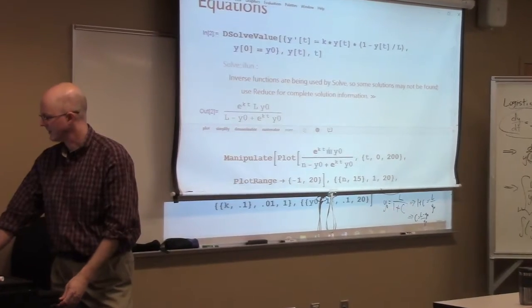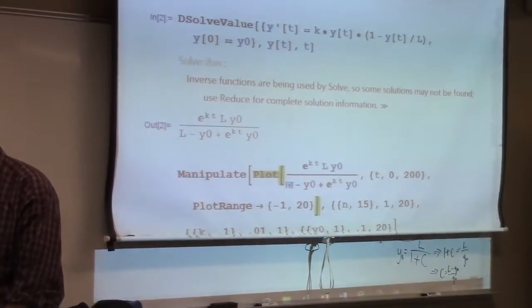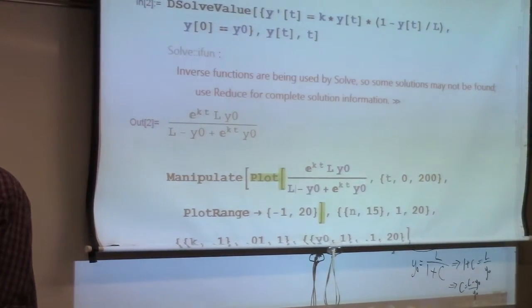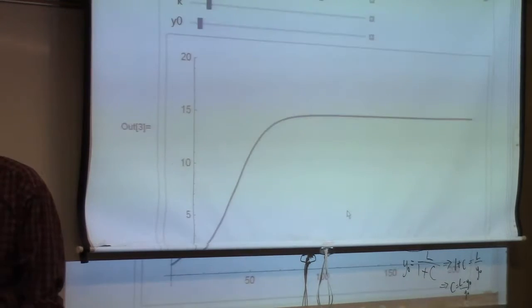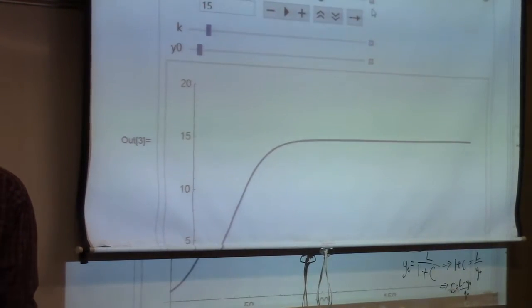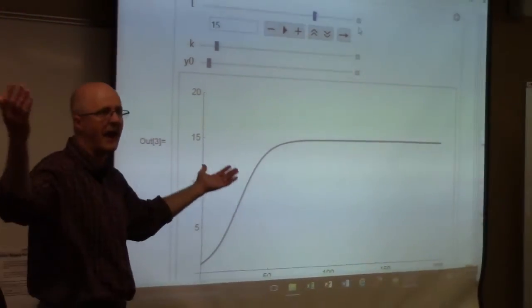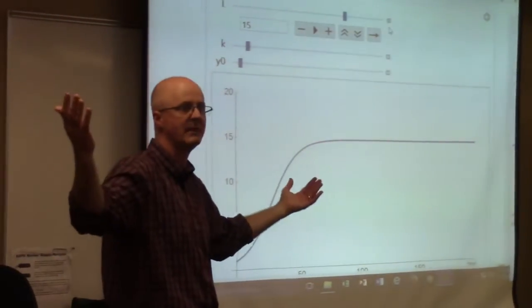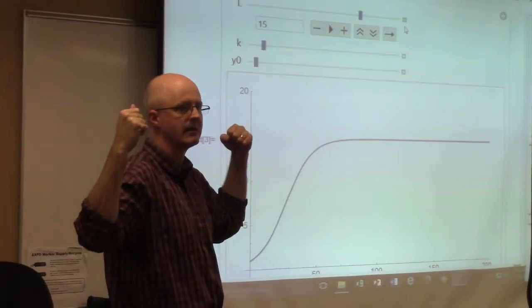Let's go back in here and replace N with L. L is the carrying capacity. There's the graph of a solution when the carrying capacity is 15, which could be in thousands of bunnies, for example. Maybe the units are in thousands of bunnies that we're modeling the population of.